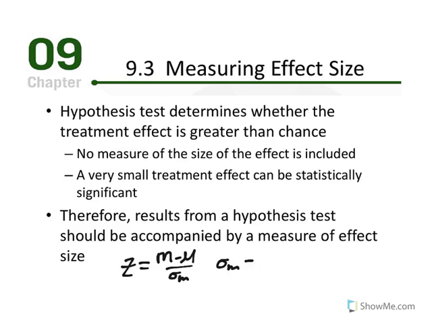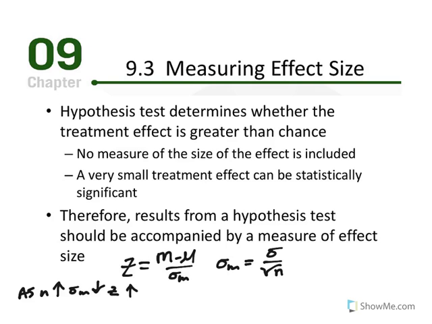And the standard error of the mean is equal to the standard deviation of the population over the square root of n. And we learned the relationship, and hopefully it is now ingrained in your brain, that as n increased, standard error decreased, and z-scores increased.